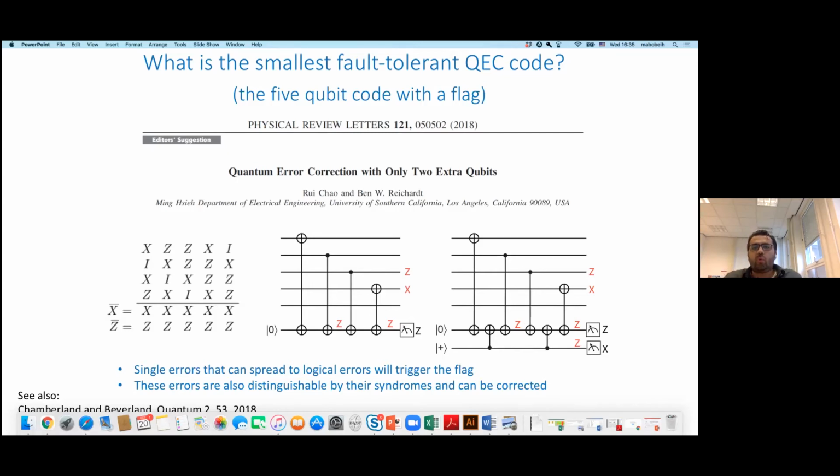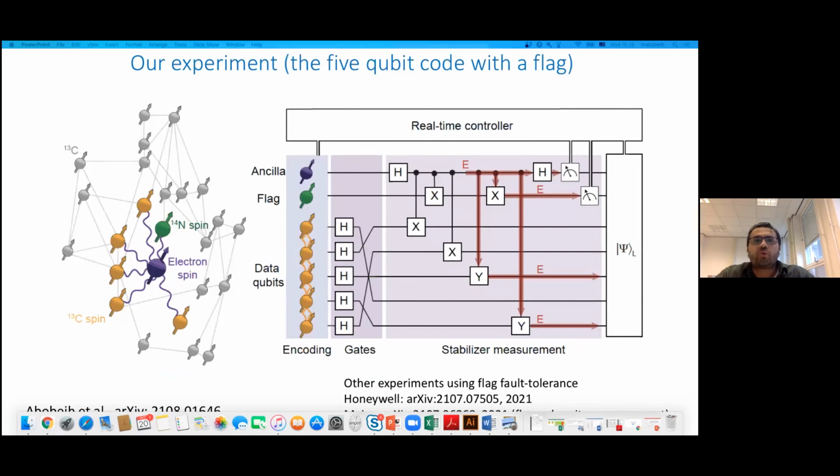So in this work, we would like to implement this smallest fault-tolerant logical qubit. We use our 27-qubit quantum processor, which was recently characterized, as I mentioned earlier. We use 5 carbon-13 nuclear spins as our data qubits, the NV electron spin as our ancilla, and the nitrogen-14 nuclear spin as the flag qubit.